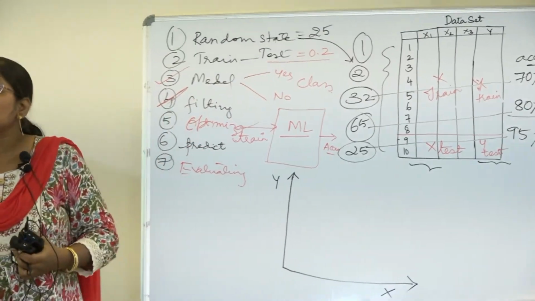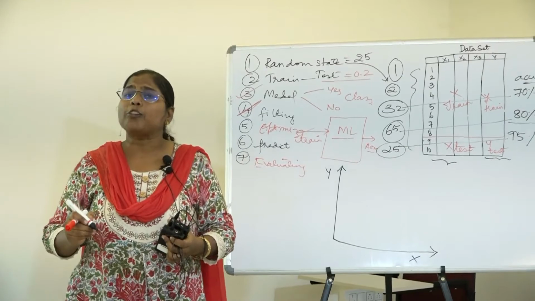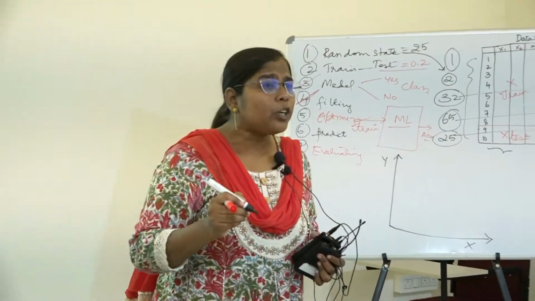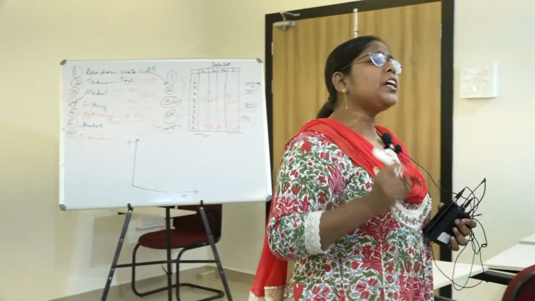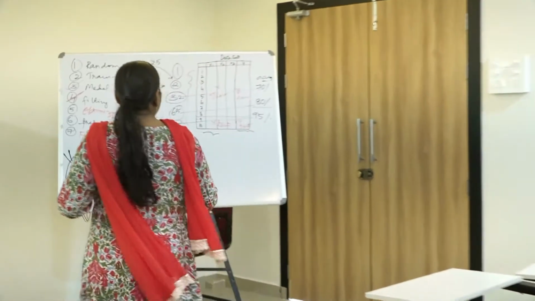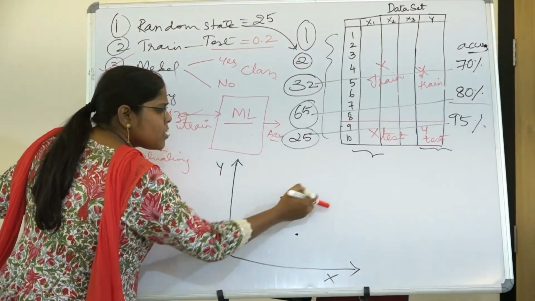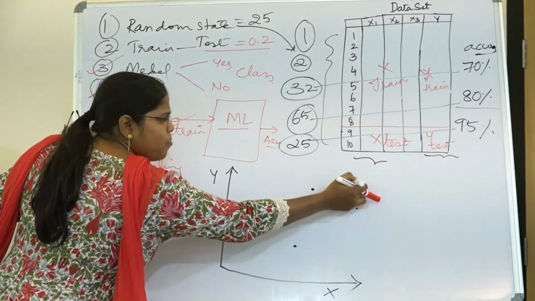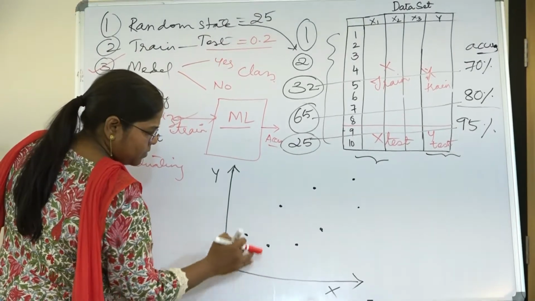Based on that, again we have split it. How have we split it? We have split it into 80% and 20%. How many are there in the training data now? 8 are there. So, what I do, I use a scatter plot and I model all the 8 samples here.